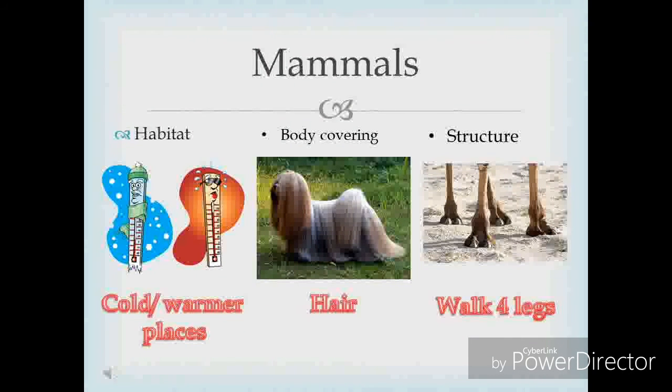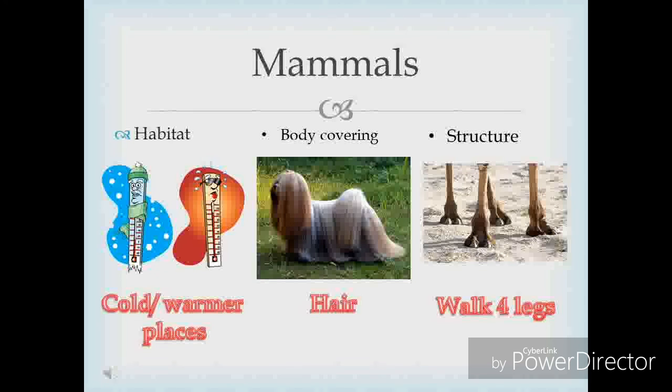Okay, so the first group is the group of mammals. To recognize a mammal animal, I have to know the place where they live, that is, their habitat. So these kinds of animals can live in cold or warmer places. Another point is the way their body is covered. In this case, they have hair.